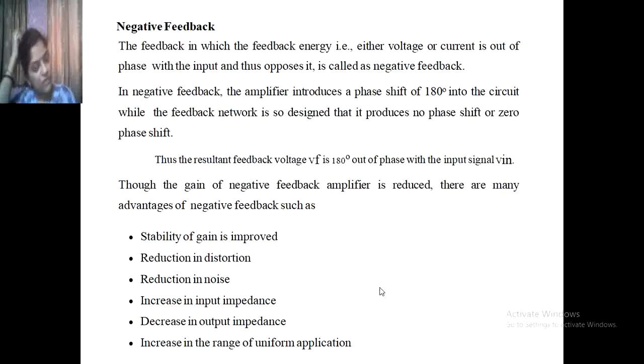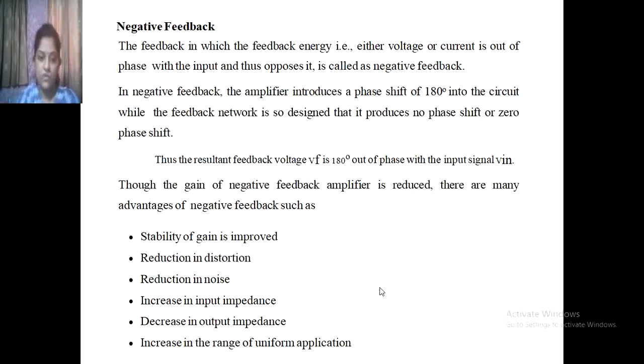We have seen positive feedback as well as negative feedback. Positive feedback has its own drawbacks, so it cannot be used in an amplifier. But negative feedback has lots of advantages, so negative feedback is mostly used in feedback amplifier circuits.